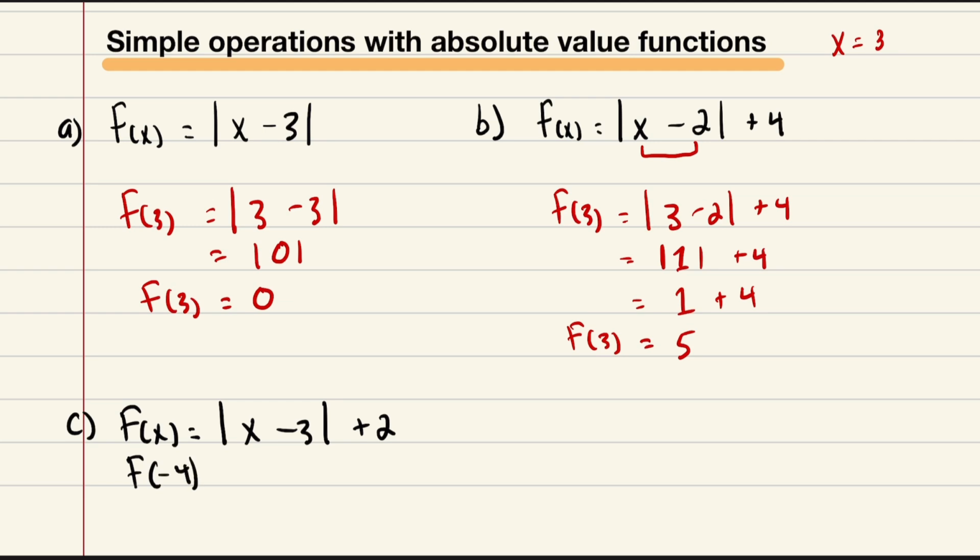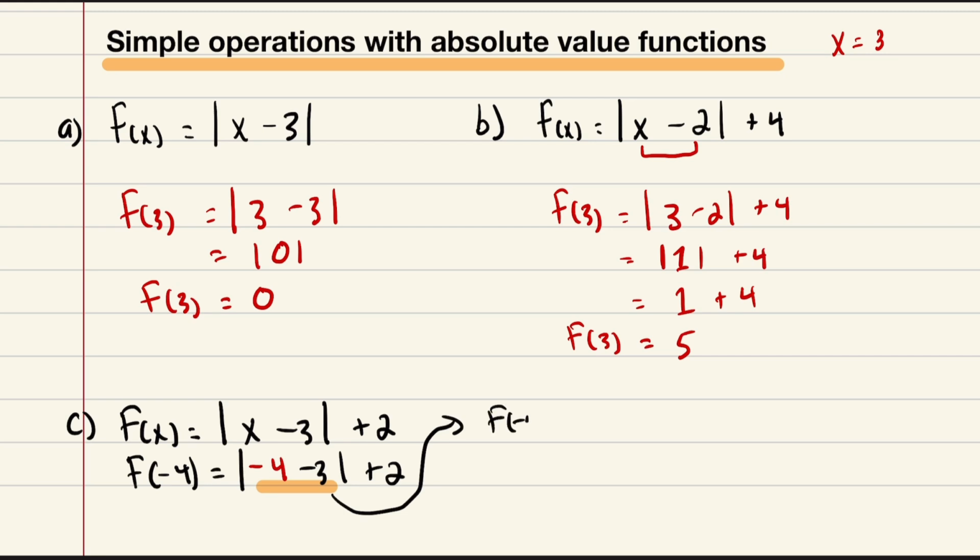So what happens when the input of x is -4? Well, I would go -4 minus 3, absolute value of that plus 2, and I would work out the absolute value of this.